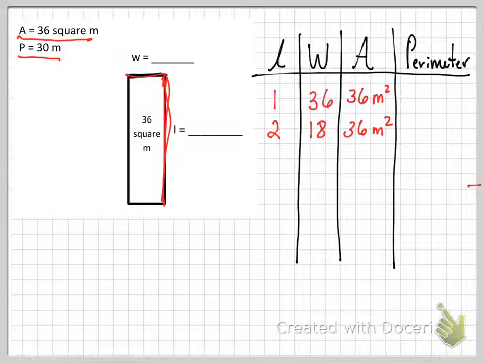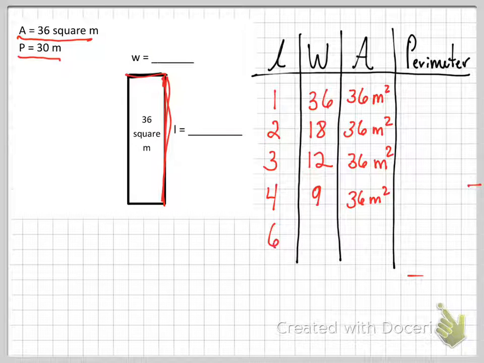We have 3 times 12 gives us 36 meters squared. This is why knowing our multiplication facts is so important. We've got what I call the 4th grade favorite. 4 times 9 is 36 meters squared. And we have the last one, 6 times 6 equals 36 meters squared.